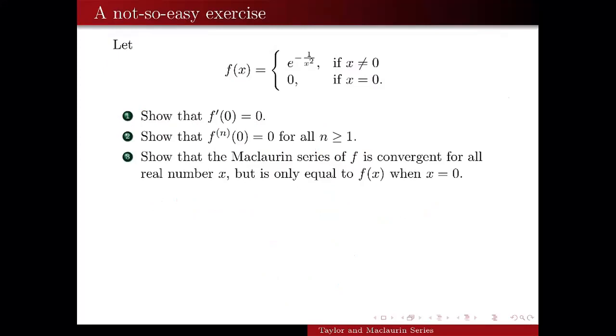Show that f prime of x equals 0. Show that the nth derivative of f evaluated at 0 is also equal to 0 for all n. So whatever derivative you have, you evaluate it at 0, it's still 0.